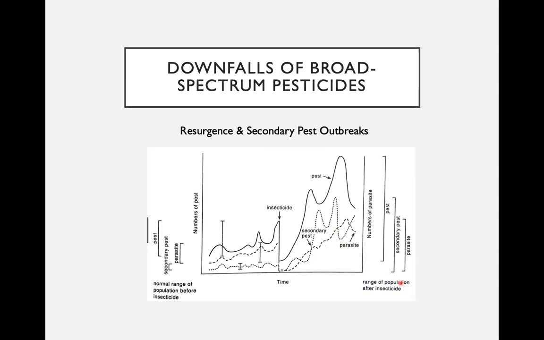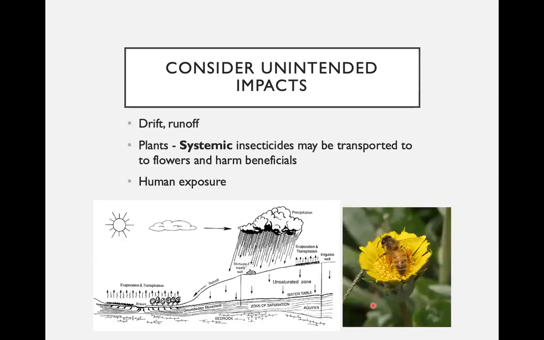All right, so because of these phenomena, it's always critical to consider all those unintended impacts when using pesticides on the farm. In addition to thinking about the possible interactive effects among organisms, depending on the selectivity of your pesticides, we also want to look at the relative toxicities of these chemicals, maybe their mode of action, how they actually work in the organisms, as well as how they persist in the environment.